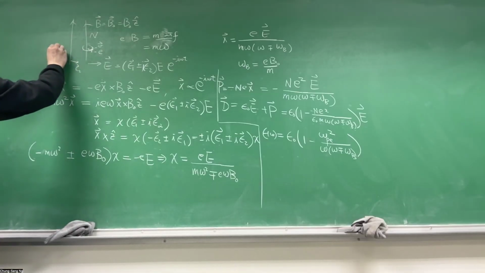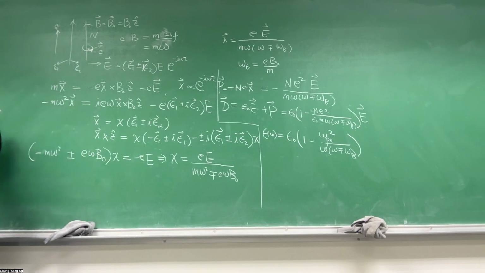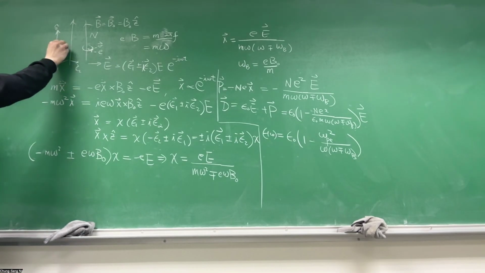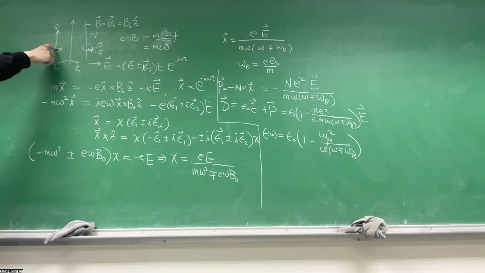If you have a wave that propagates along Z, for the right-hand one the electric field will circle around one fixed location. The electric field rotates in time according to the direction of the fingers, so you rotate in time that way.